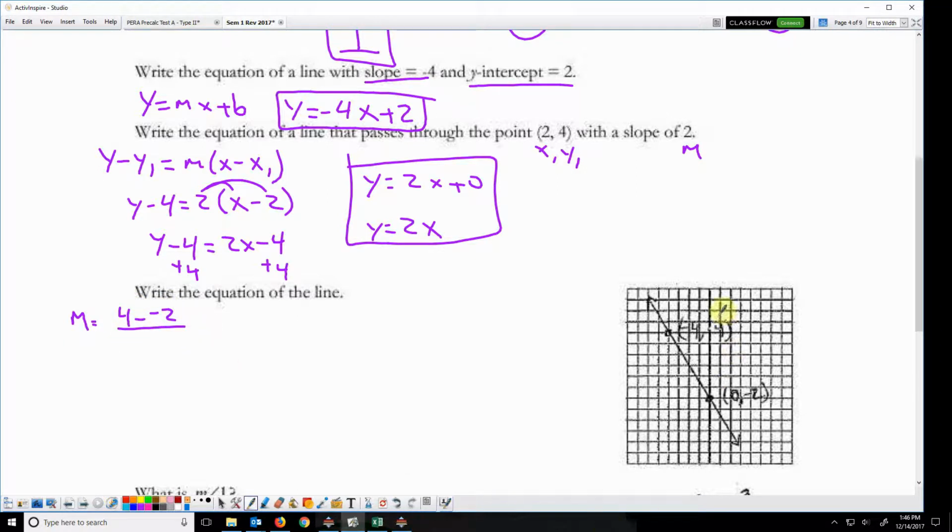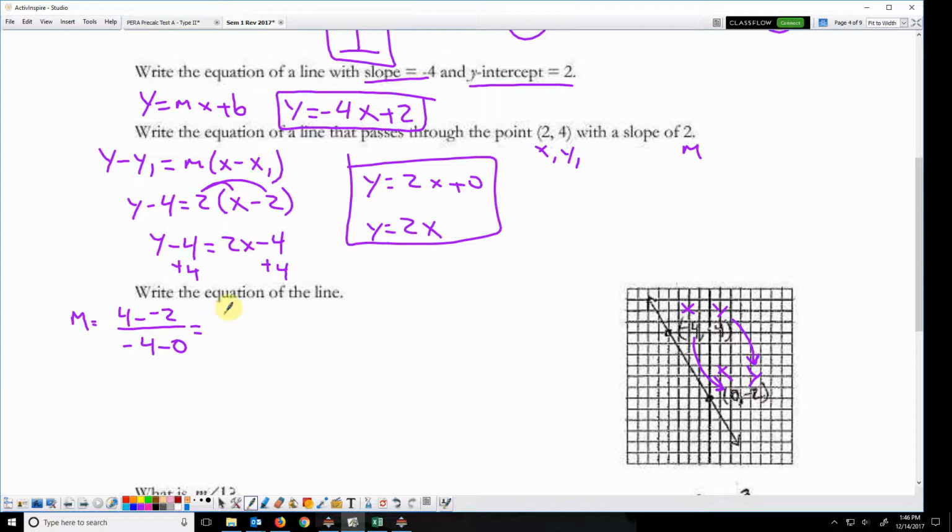That's a y value, 4 minus negative 2. Here are my x's, negative 4 and 0. Negative 4 minus 0. Notice I went the same direction both times. 4 minus negative 2, negative 4 minus 0.